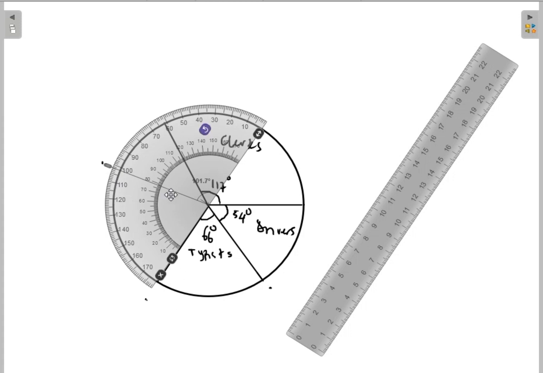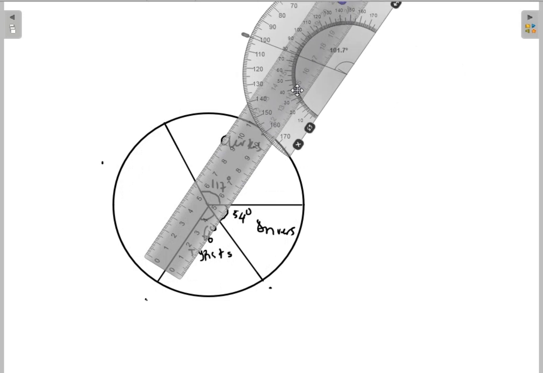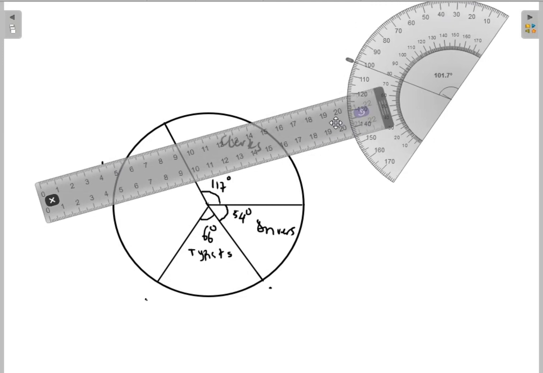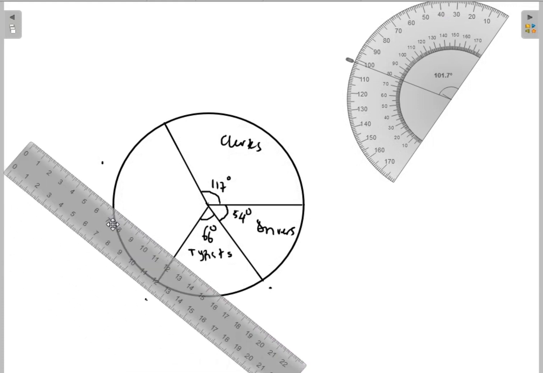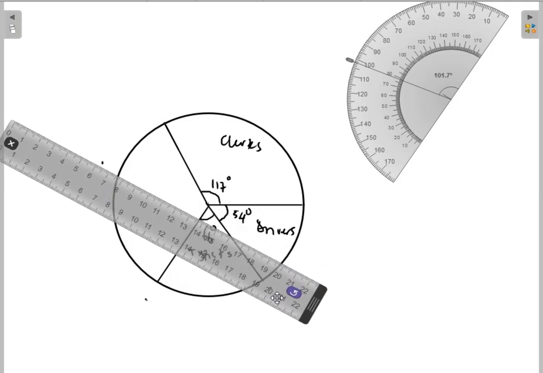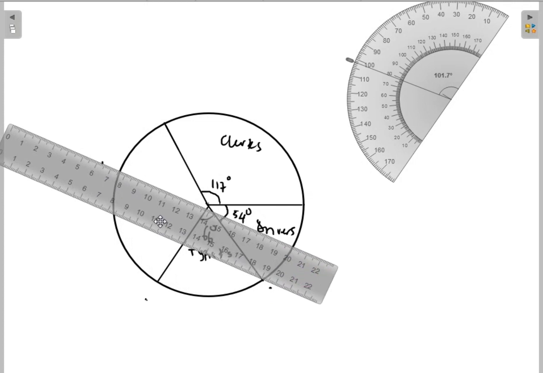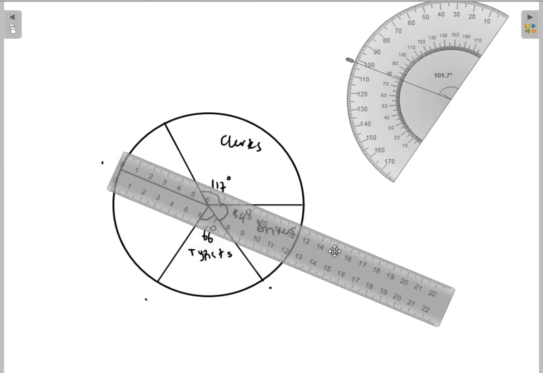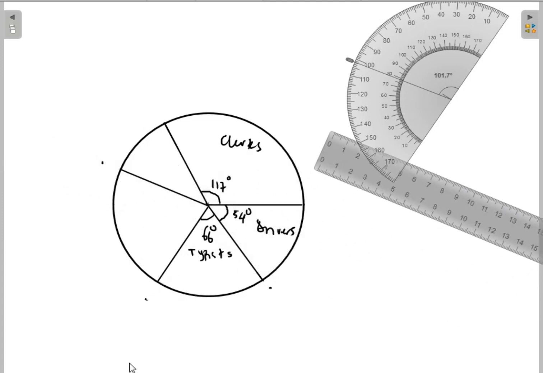So we'll mark it, then we'll draw. That's 78 degrees, and that's messengers.